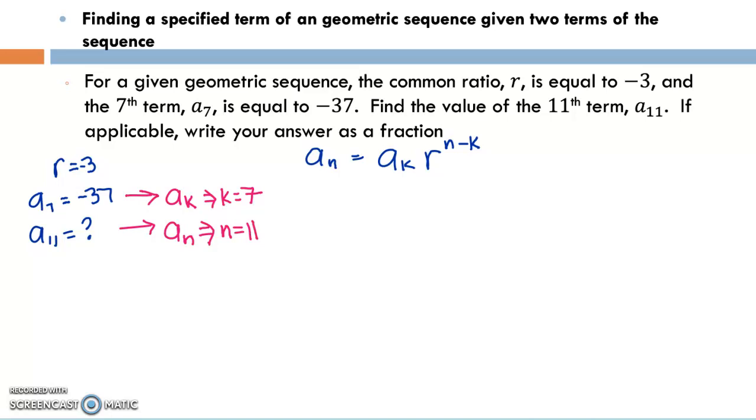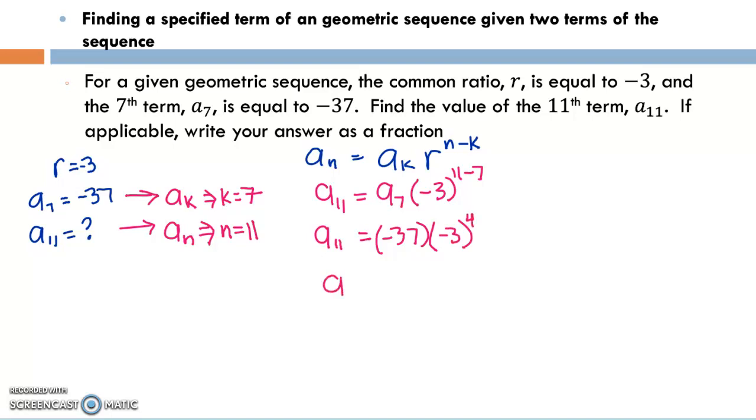So let's fill this in. a sub n is a11. That's equal to a sub k, or a7, times r, negative 3, to the 11 minus 7. a11 is what I'm trying to find. I don't know that one yet, so I'm going to leave it like that. And then a7 I do know is negative 37, and then I have times negative 3 raised to the 11 minus 7, which is 4.